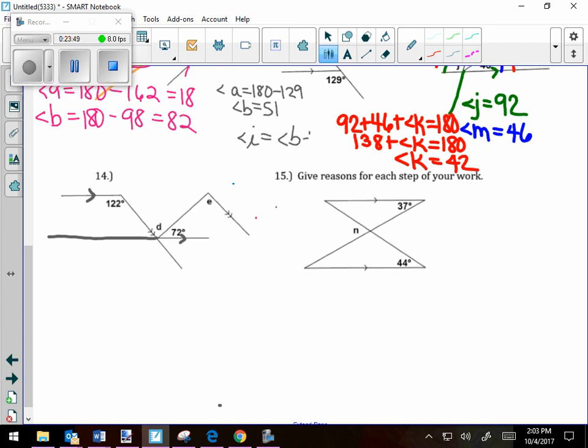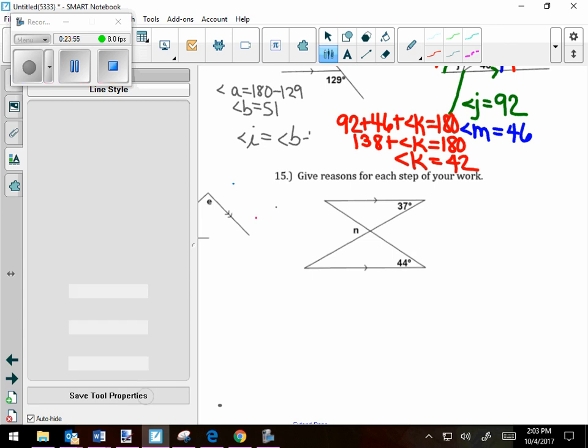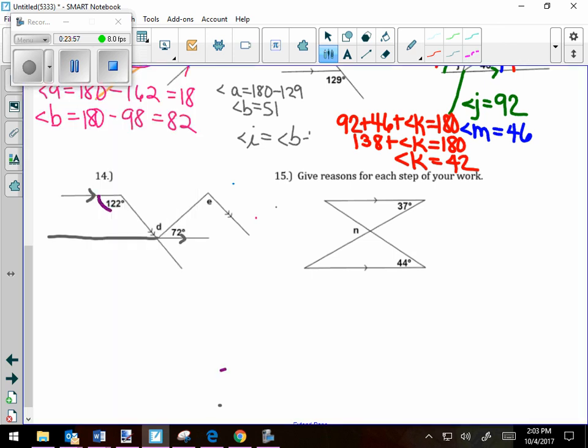You don't have to, but you might want to. Because what they want you to notice is that in this picture, this 122 degree angle and this angle that's here are alternate interior. So the 122 has to be equal to the 72 plus D. When I minus the 72, I find out that D is 50 degrees.